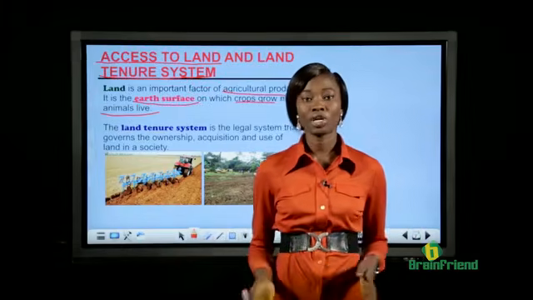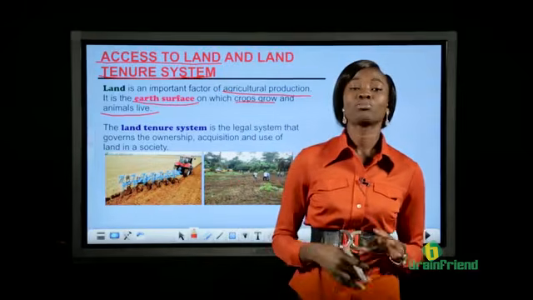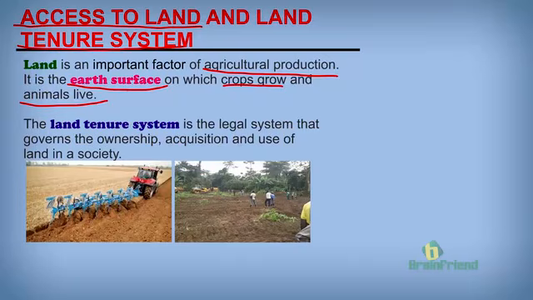Crops gain their nutrients from the soil found on land, and animals are able to move around on land and live freely. The land tenure system is a legal system that governs ownership, acquisition, and the use of land in any society. The land tenure system decides how people acquire land for various uses.